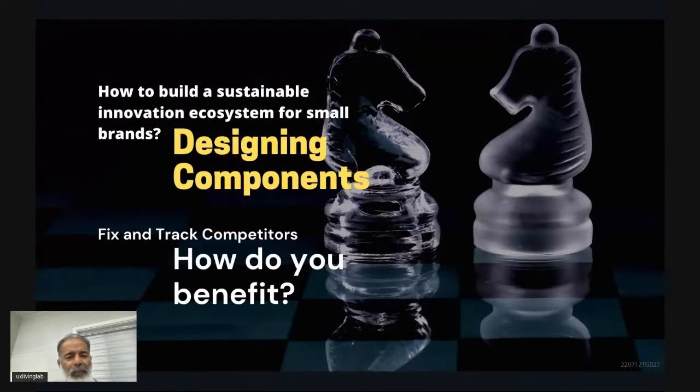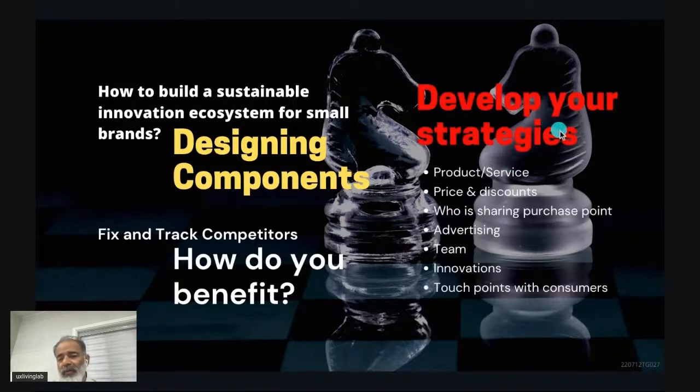How do you benefit from this process? Now I'll say this is a very tedious process. You have to do segmentation, collect information from different channels, keep periodic updates, then do the mapping. So how do you benefit out of it? That's a very interesting question, and it's very valuable information you are getting. Develop your strategies based on that, because you are talking about products, yours and your competitors', pricing and discounts, sharing the purchase points, then advertising, team, innovations, touch points.